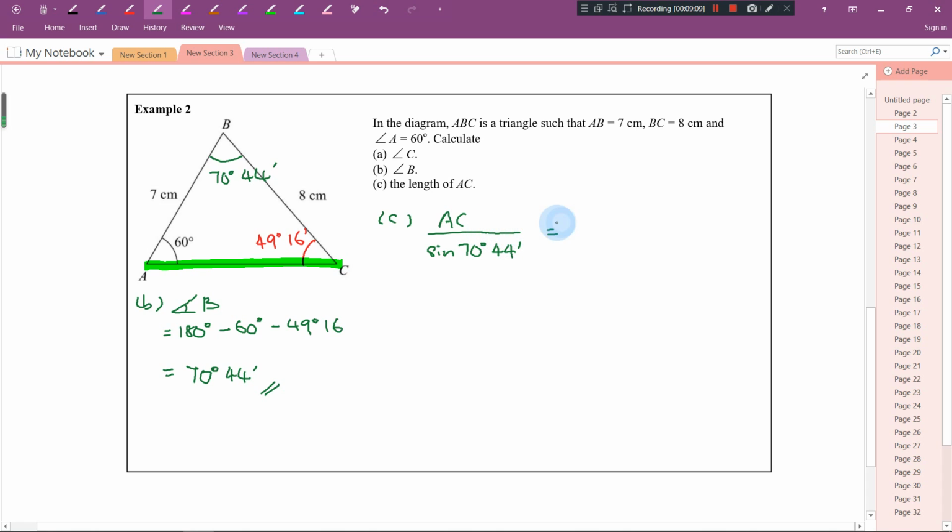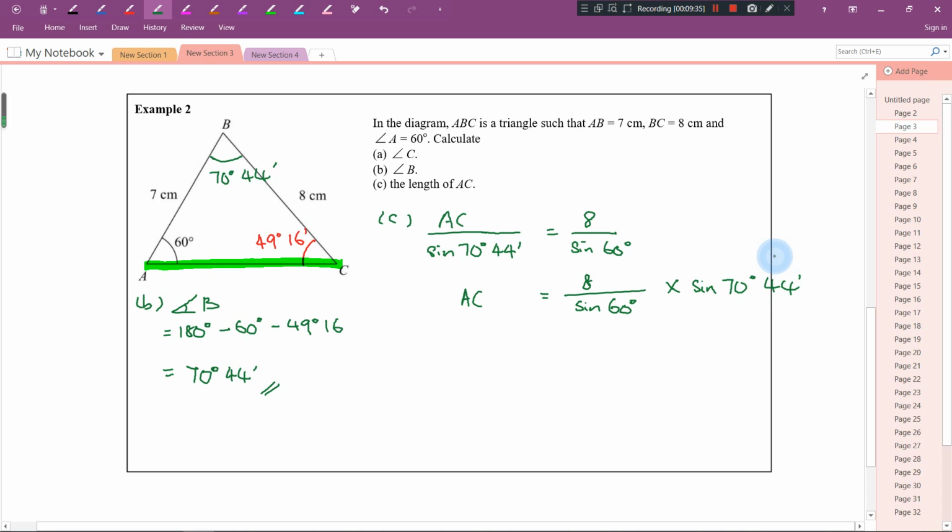Is equal to, since on this side I put the side length on the top, for the right hand side I need to put the side length on the top as well. So 8 divided by sine 60. So AC will be equal to 8 divided by sine 60 times sine 70 degrees 44 minutes.